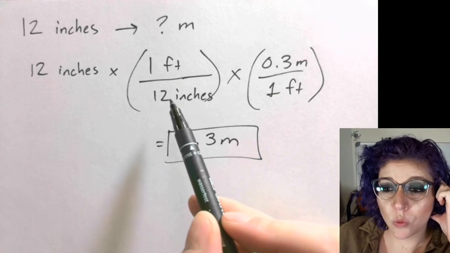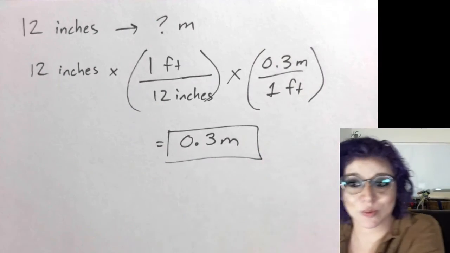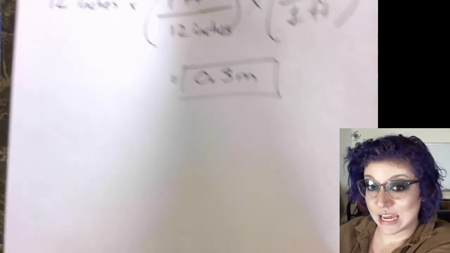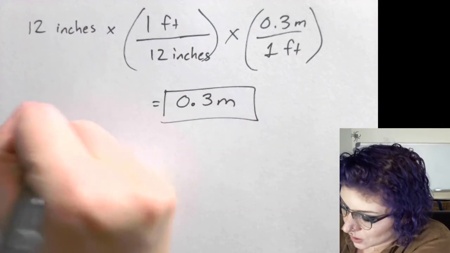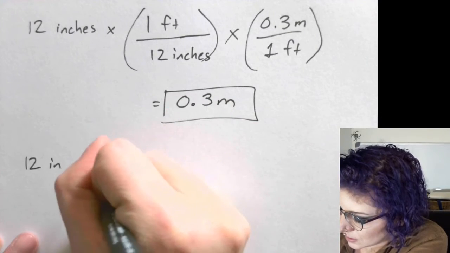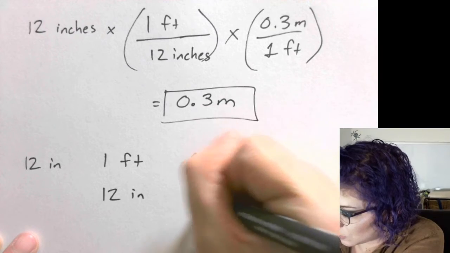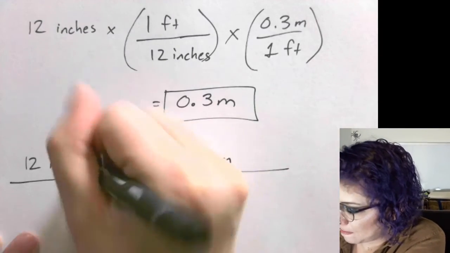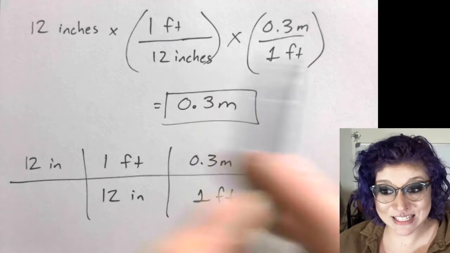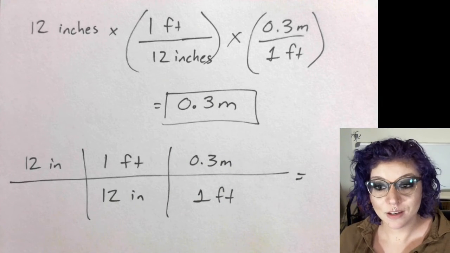So right now, the format we're using is to write out all of these fractions with parentheses, right? You might see this written like this. So we start with 12 inches, and then I know that 1 foot has 12 inches, and there is 0.3 meters in 1 foot. Y'all might see this up here written in kind of this boxy format.